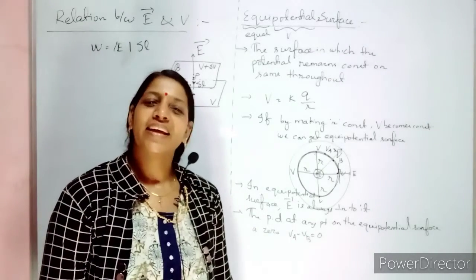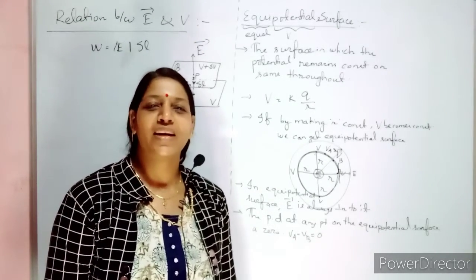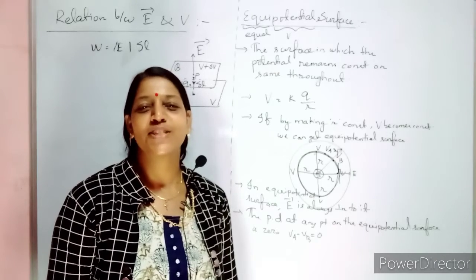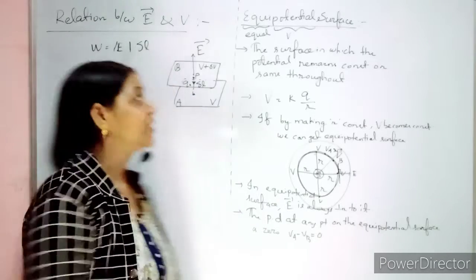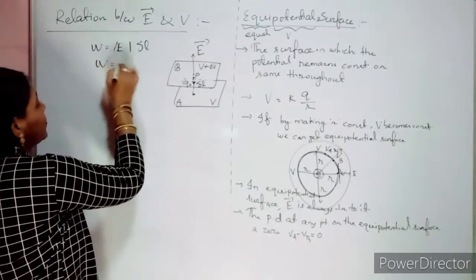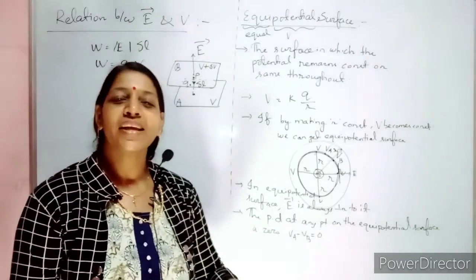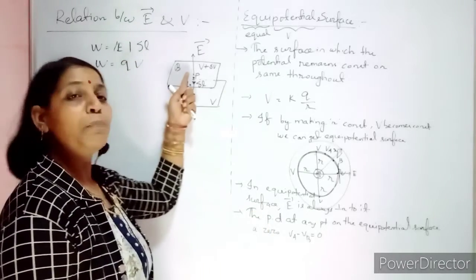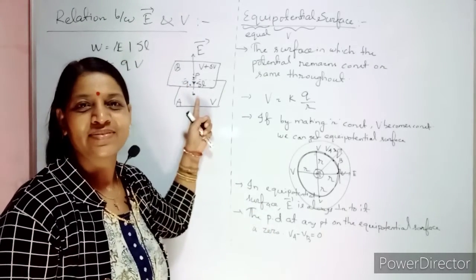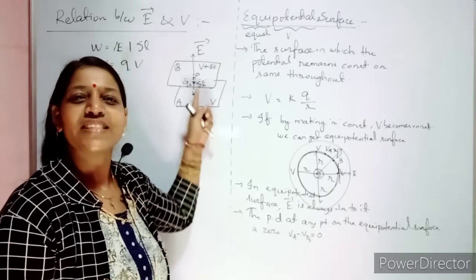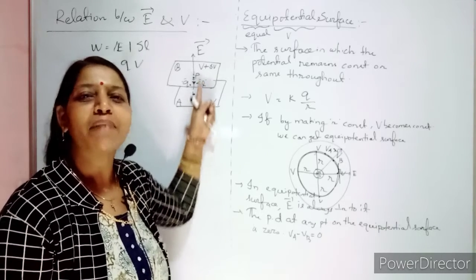Clear? Again, you all know that electrical work done is the product of the charge and the electric potential. So work done is charge into electric potential. Here you are bringing your charge from plate B to plate A. So what is the difference in potential? It is always final minus initial.